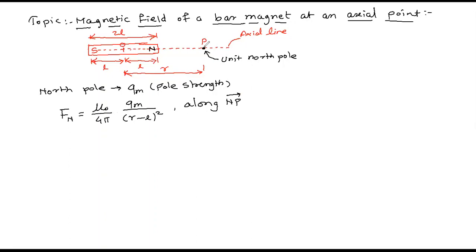See here, if you take a unit north pole, then this is also a north pole, therefore there will be a repulsive force, and that force is in this particular direction. That is nothing but Fn.